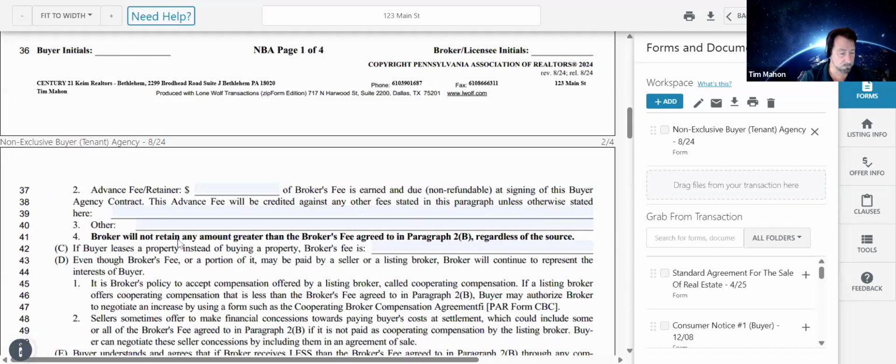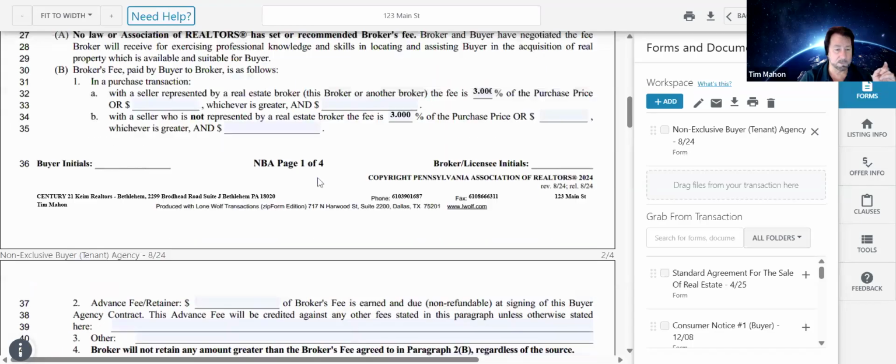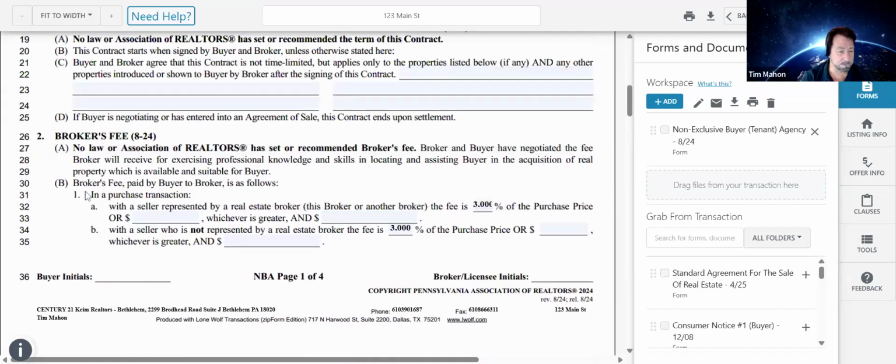Regardless of source, broker will not retain any amount greater than broker's fee agreed to in paragraph 2B. Here it is, 2B, broker's fee. That's why we put that in there and said that, well, if the seller's only paying 2.5, I have the option of not charging them the other half percent, which is what I generally do. Okay. But also, if they were really a pain in the butt to work with, I do have the right to charge them. I can say, well, you're going to pay me half percent, but at least the seller's paying 2.5.